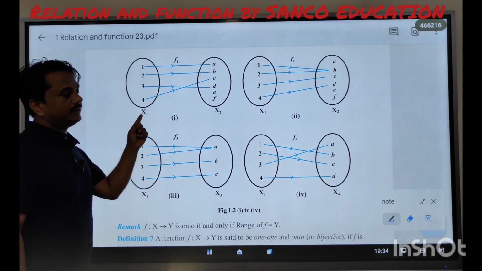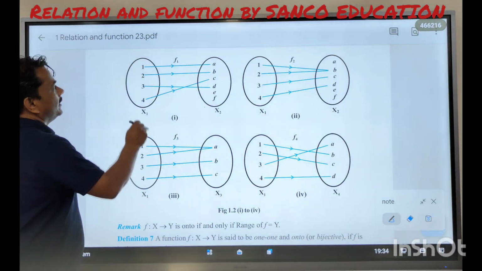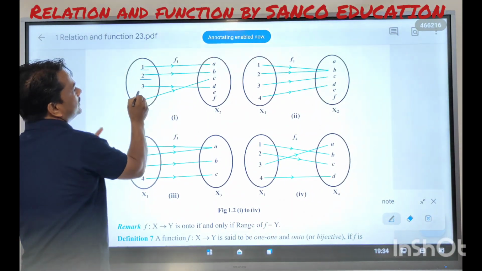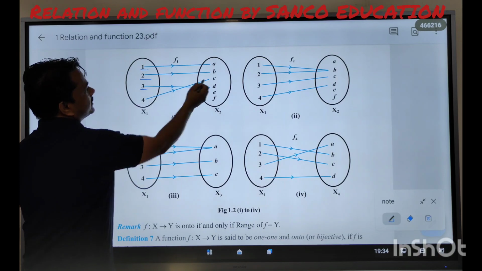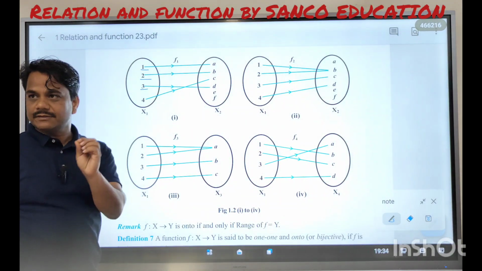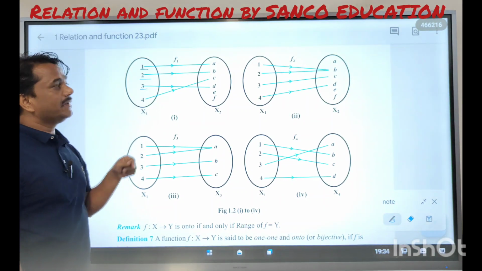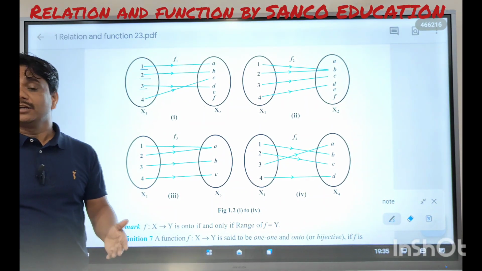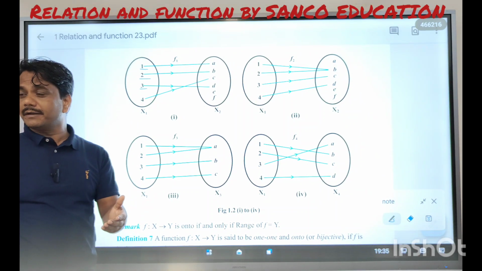There is a set X. 1 has the image A, 2 has the image B, 3 has the image D, and 4 has the image C. Is every member associated with at least one? Yes, sir. So this mapping is called 1-1. What is the definition of a 1-1 mapping?